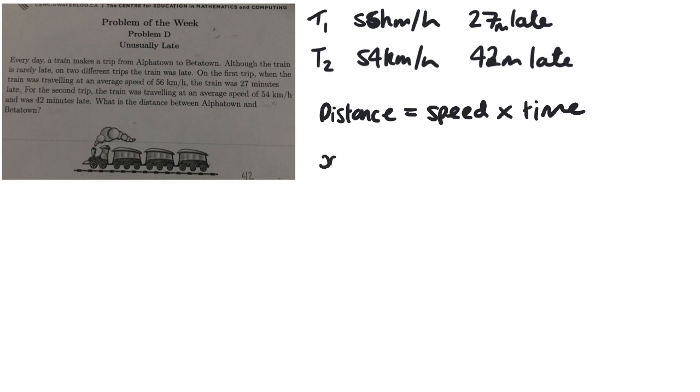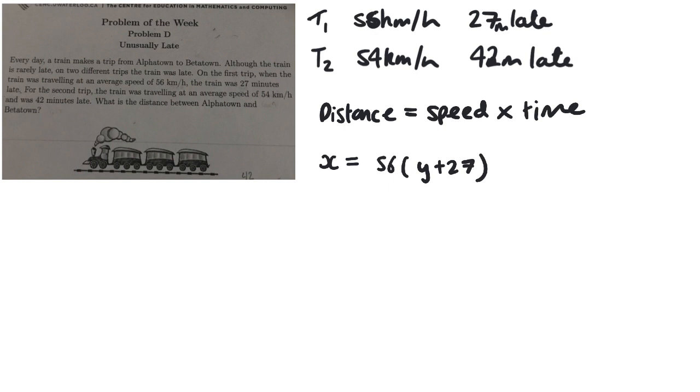So if we make distance equal x, and then speed and time. What is the speed for the first one? Well, we know that the speed is 56, so that's easy. And then we need to know what the time is. Well, we know that the first one is 27 minutes late, so the time must be something plus 27. So I'm going to make that y plus 27.